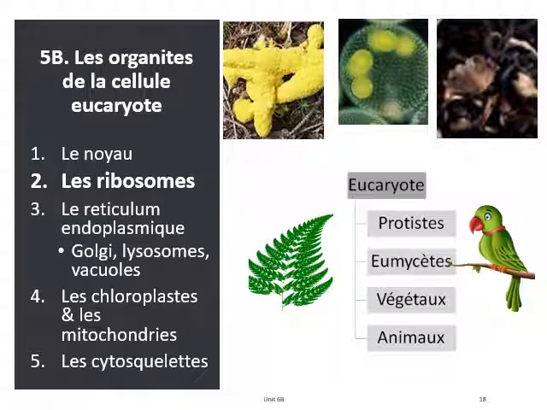Let's look into more details about the organelles that we find in eukaryotic cells. We'll talk about these 5 groups, starting with the nucleus. And I want you to remember what eukaryotes are.